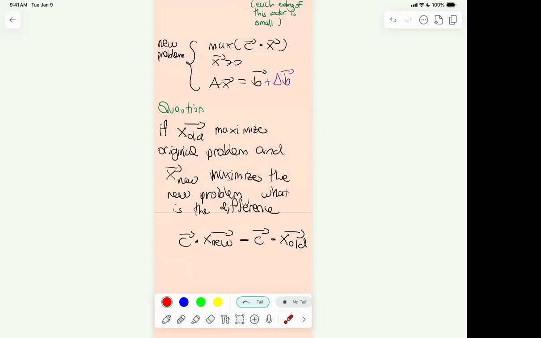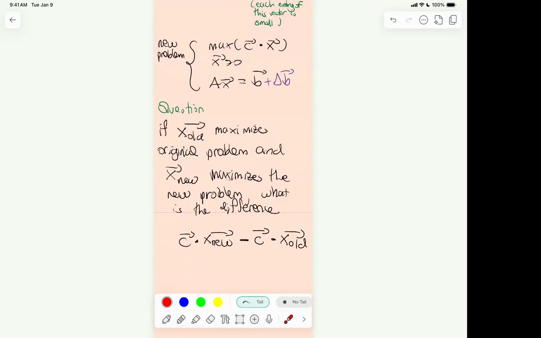Now imagine you're given different constraints, because maybe the prices for the goods you have to purchase for producing your product changed a little bit. So your profit margin will change. What this is asking is how much the new profit differs from the old profit, if those changes are really small.